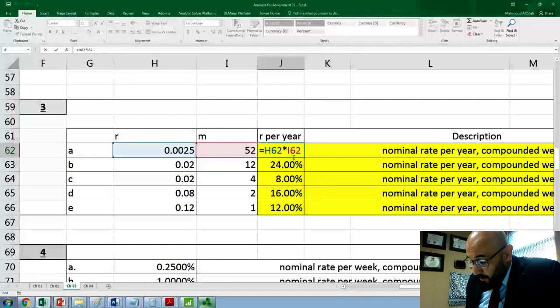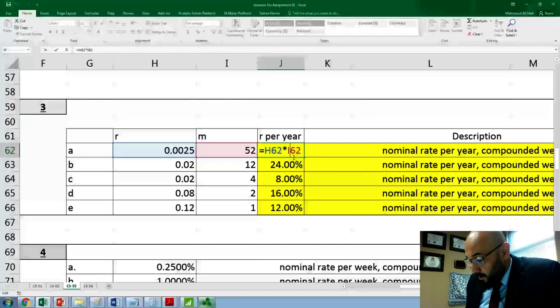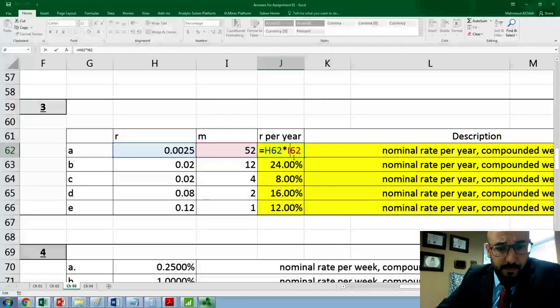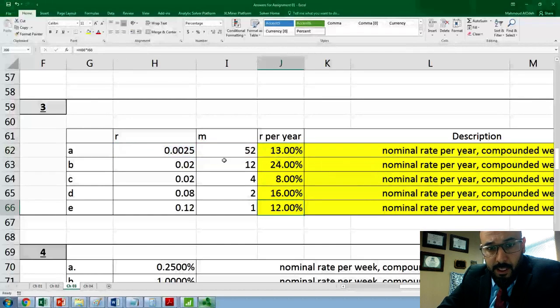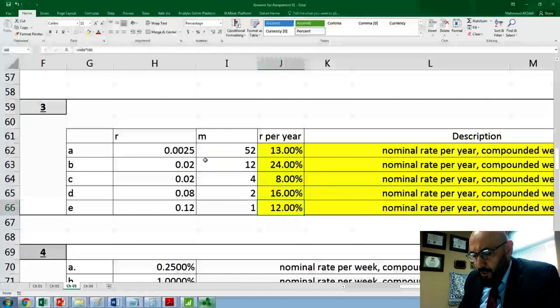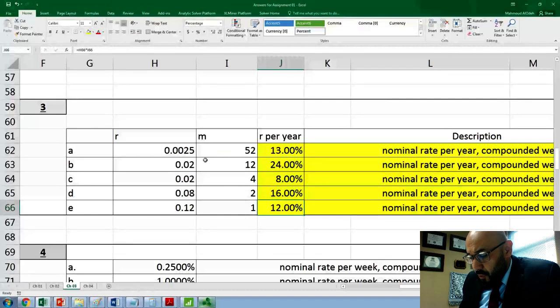So R is equal to interest rate per period times number of compounding periods. So you multiply the R times the M, and that would give you the nominal rate per year if it's compounded weekly.